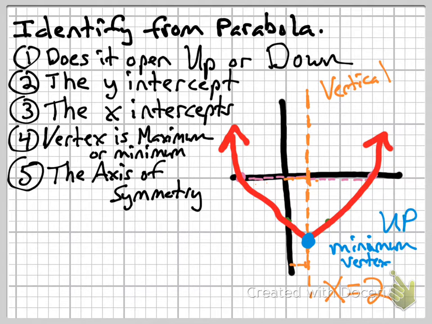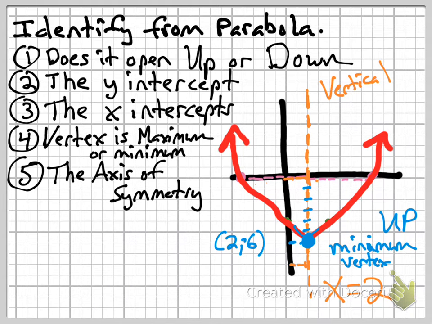You can see how it shoots up. Now we like to know the coordinates for that vertex. So what do we have? We have the same X, so the vertex is going to be X equals 2. And then it looks like it's 1, 2, 3, 4, 5, 6 down. So that would be my vertex.